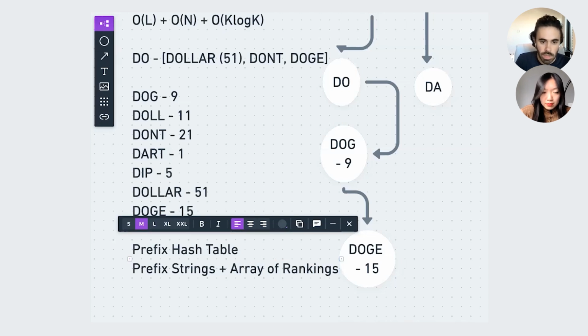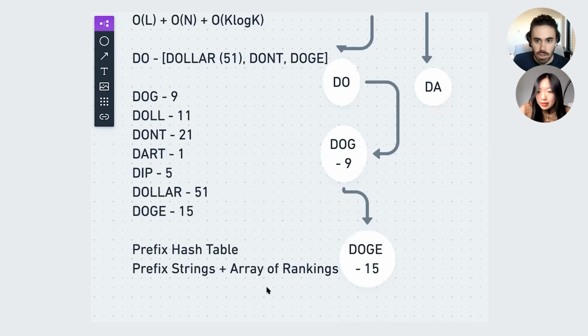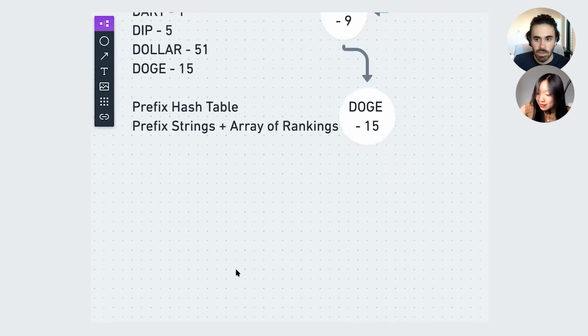And those would be the top 3 suggestions. And that'll give us constant time as well. Given our prefix string, we could just use that as a key to find the top 3 in that hash table. Okay, yeah, that seems pretty efficient to me. Awesome.